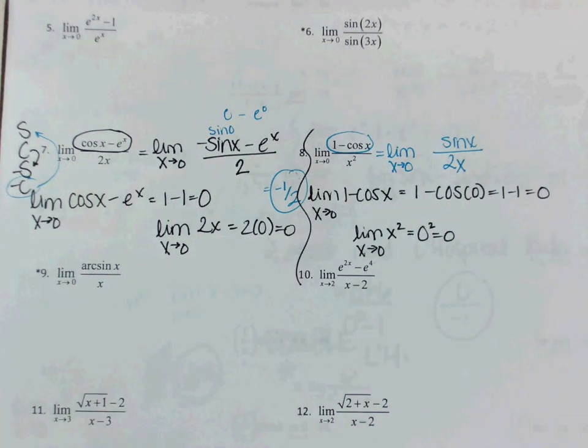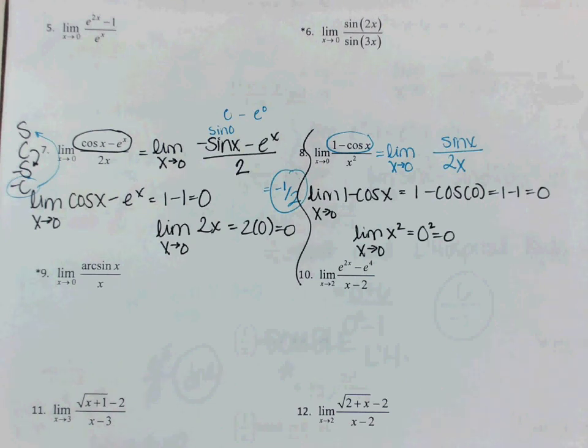When I plug in 0, what's the sine of 0 on top? 0. What's 2 times 0? That means you're doing L'Hopital's rule another time. I'm going to skip the separate limits, but if it was a real AP test and it was free response, you should do it. So limit x approaches 0.